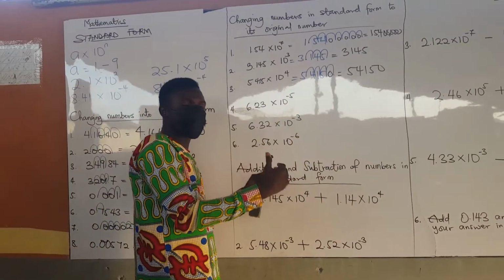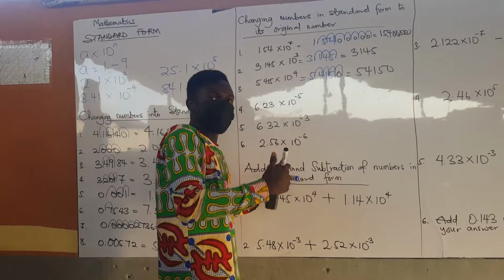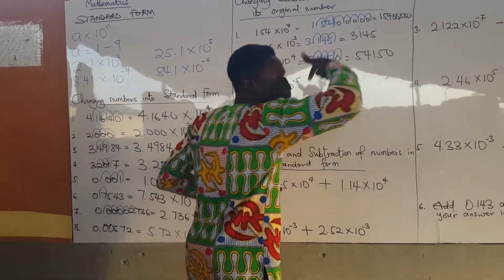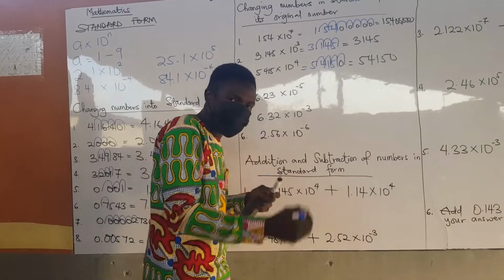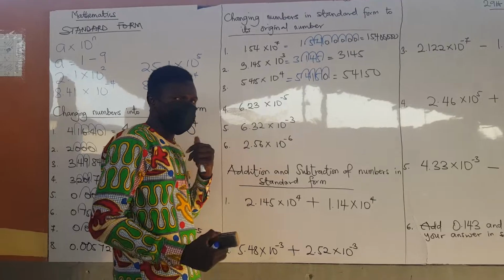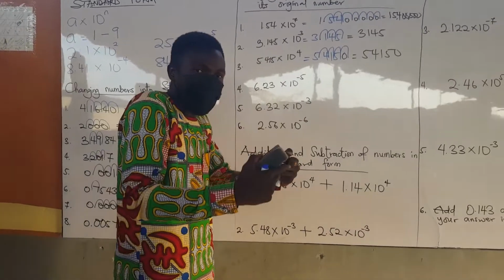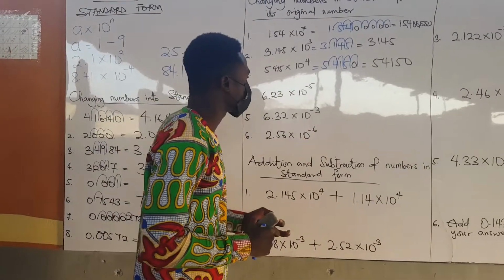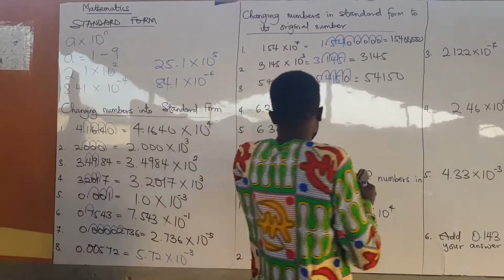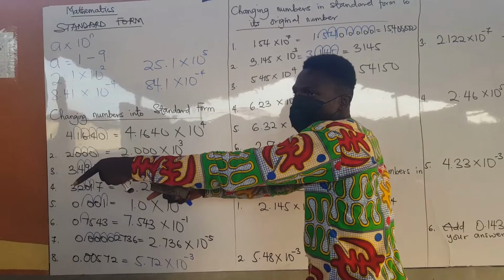So if the power of 10 is positive, to change it into its original number, move to your right. That is, if you are changing from standard form to original number. Now what will you do if the power of 10 is negative? If the power of 10 is negative here, we are going to move to the left.